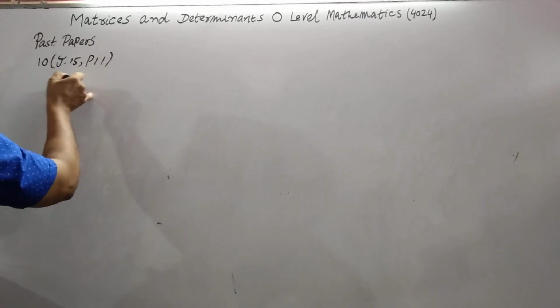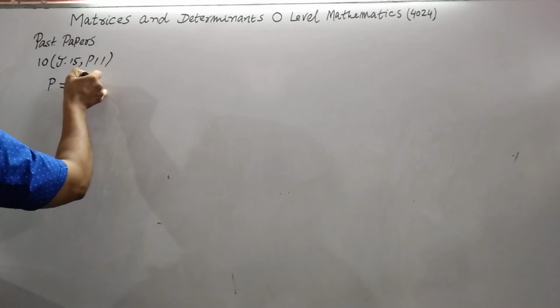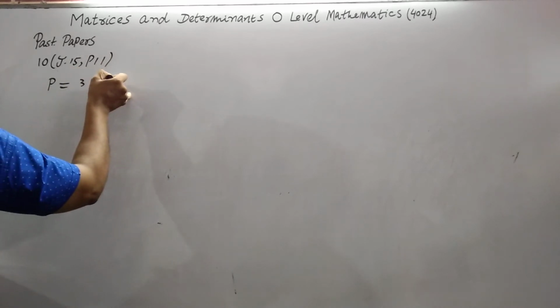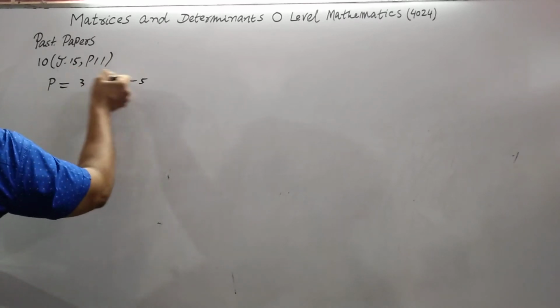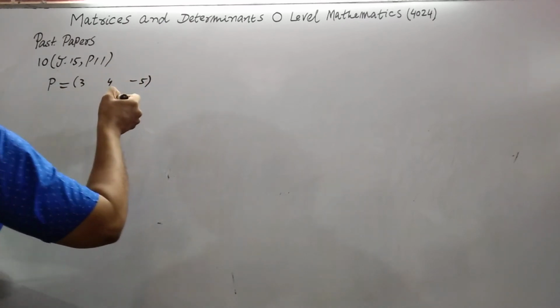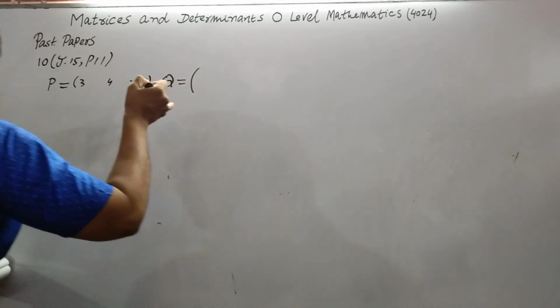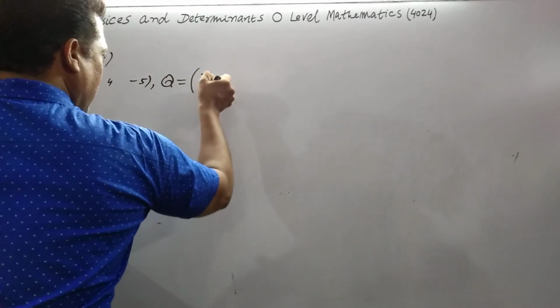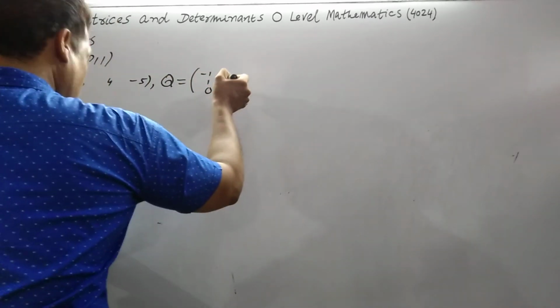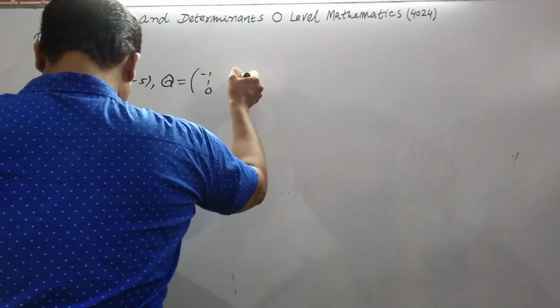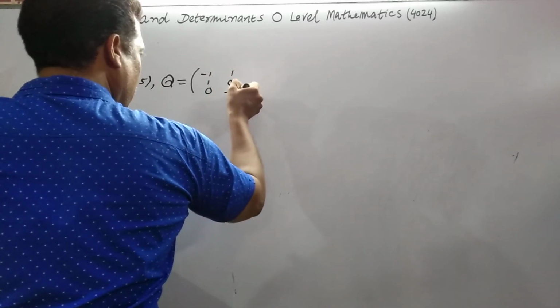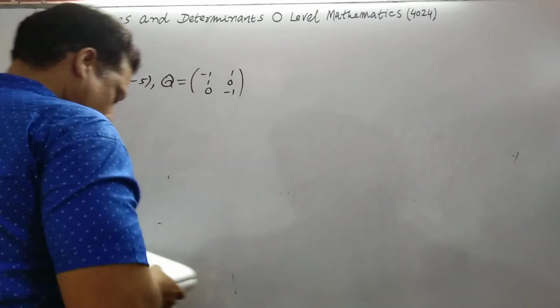Given that matrix P is 3, 4, minus 5 and Q is minus 1, 1, 0, 1, 0, minus 1.